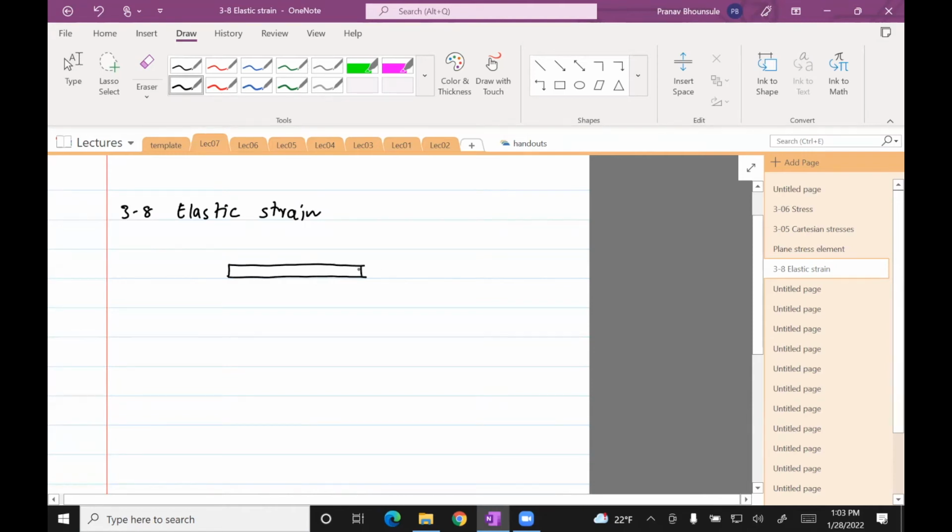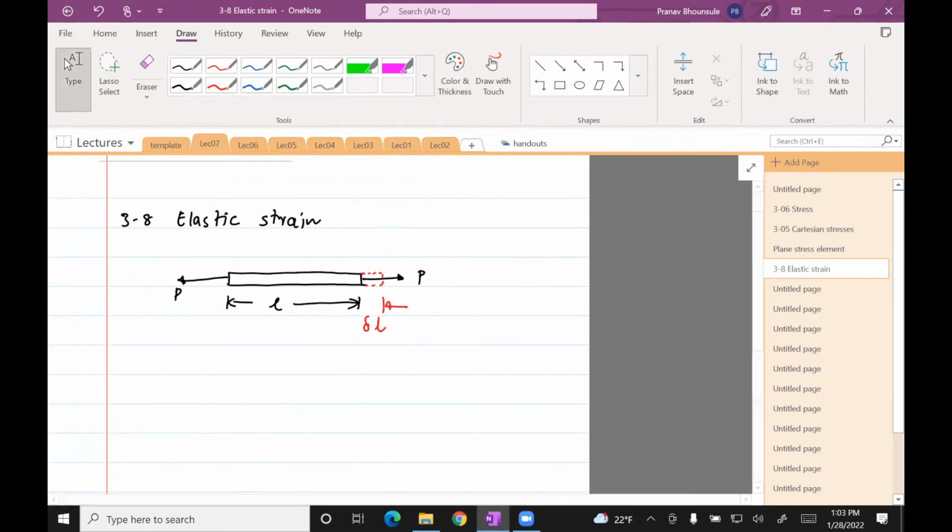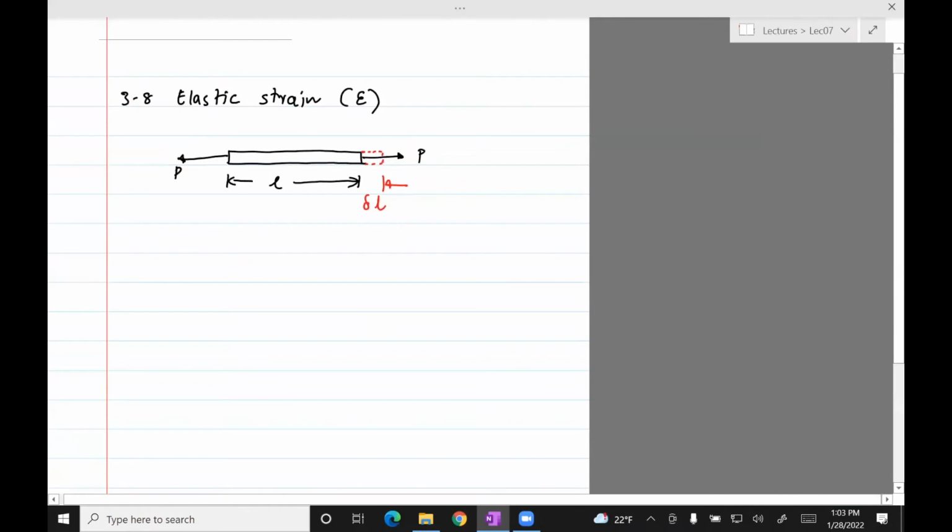So assume a rod subject to a load P. Let's say the length of the rod is L. Because P is substantially big, what you'll see is that this rod extends by a length, let's call it delta L. So elastic strain is defined by this Greek letter epsilon, and in this case, let's say that this is our x-axis.